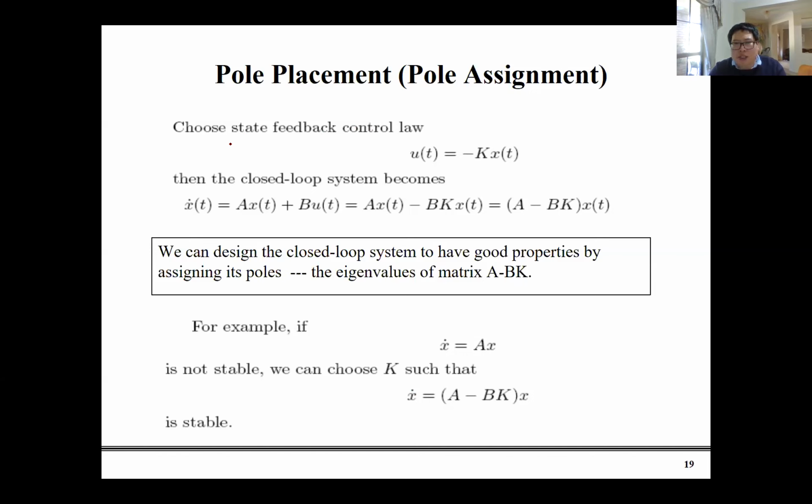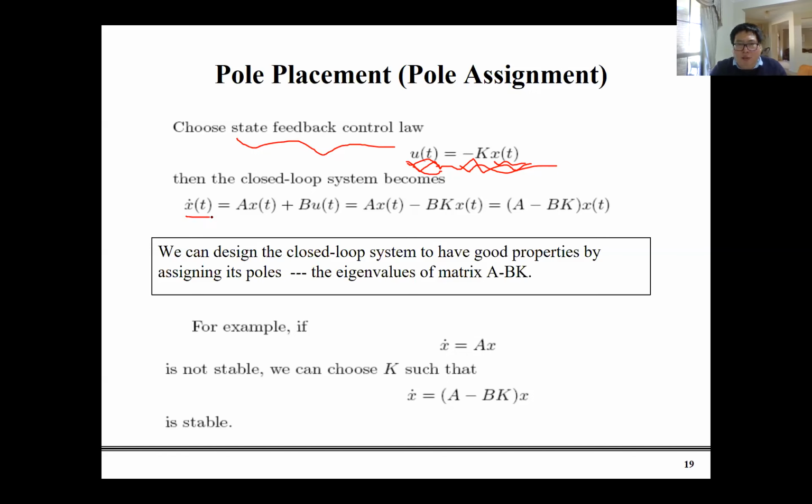And we use the state feedback control, that is your input u is equal to minus Kx. So suppose we have some sensor which can observe your state. Then we can change the input to minus Kx, which is a linear function of the state, right?